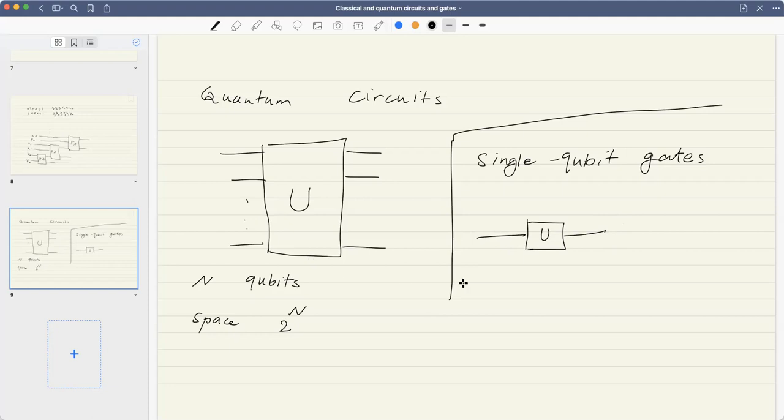Again, here you can have, for example, alpha 0 plus beta 1 coming in, and then here we're going to get something else. So in general, if U is some 2 by 2 unitary matrix, I'm going to get U times (alpha, beta), whatever that is. So let's write it explicitly: the first element multiplies 0, the second element multiplies 1.